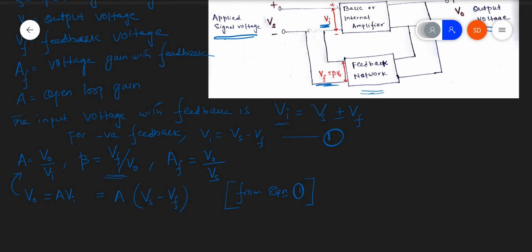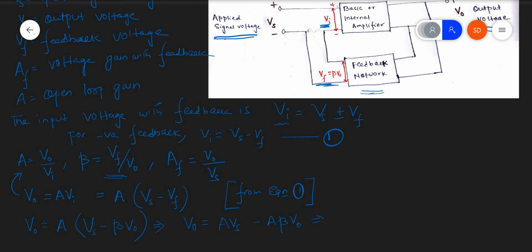So V naught is equal to A times (Vs minus beta times V naught). Simplifying, V naught is equal to A Vs minus A beta V naught.